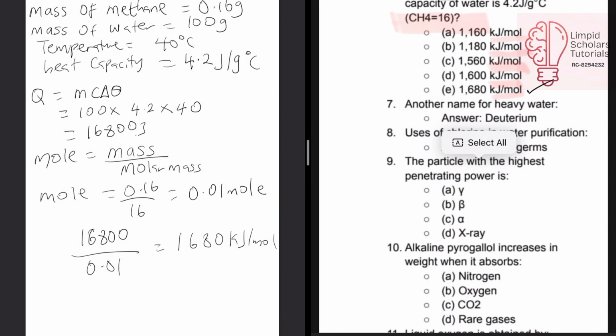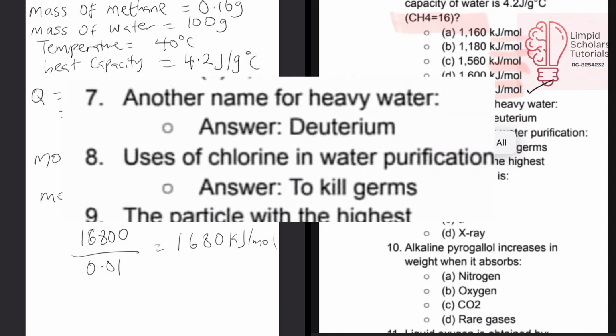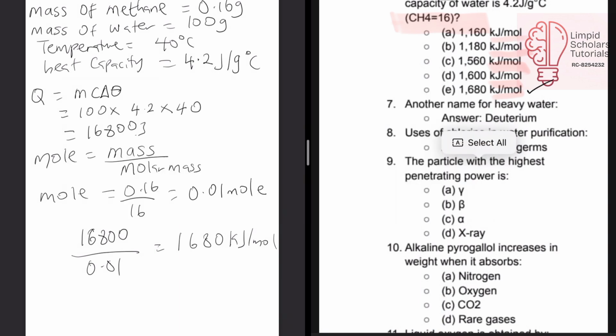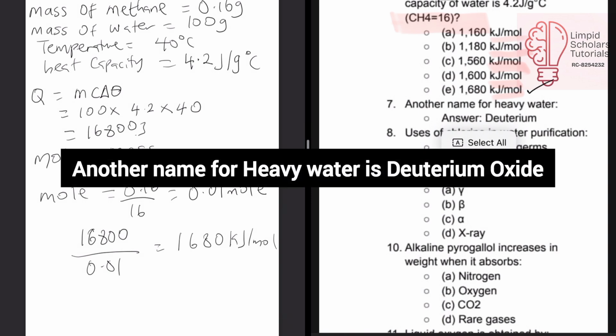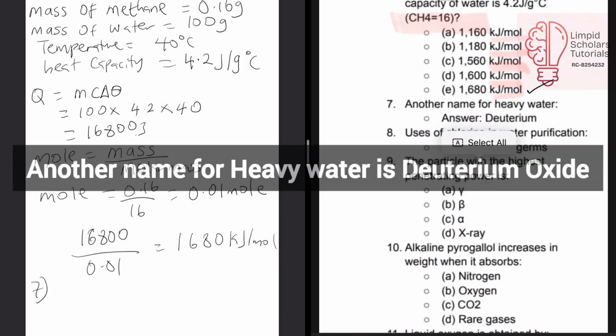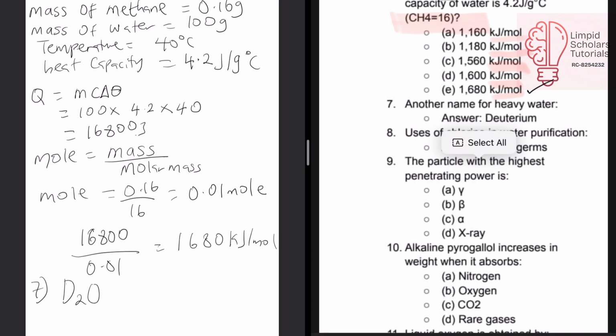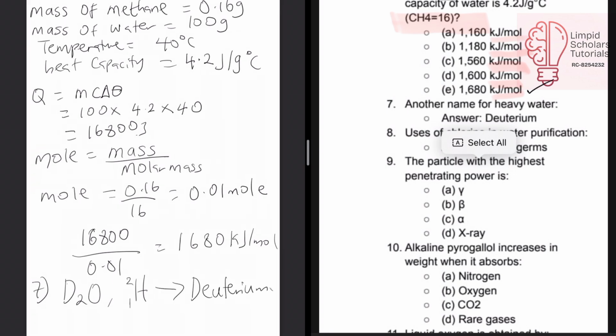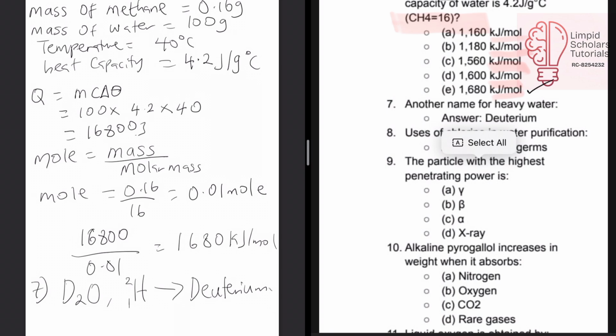So we'll be going over to number 7. Another name for heavy water is deuterium. Deuterium, this is the symbol. Sometimes you can write it like this, but another way is like this also. This is deuterium.